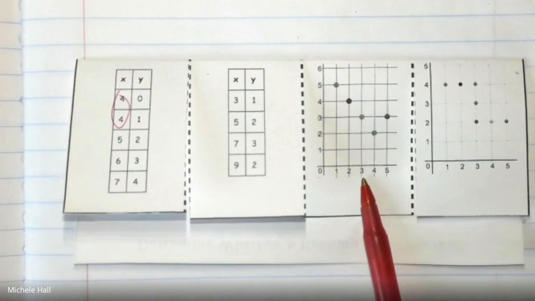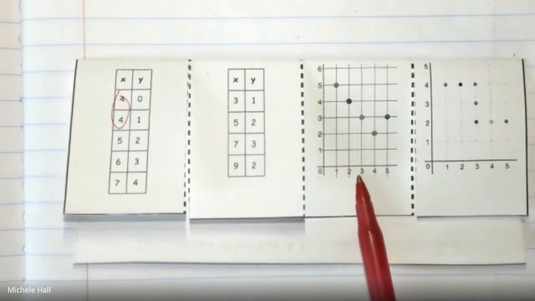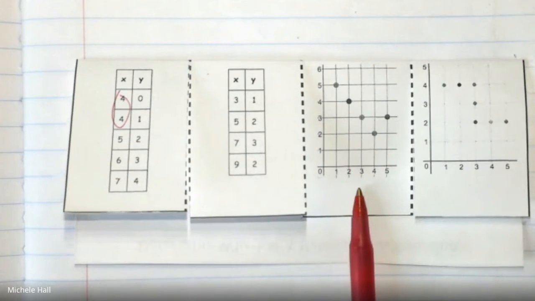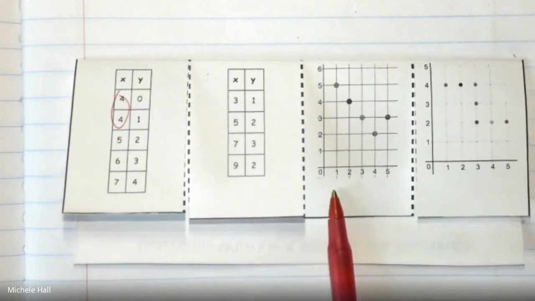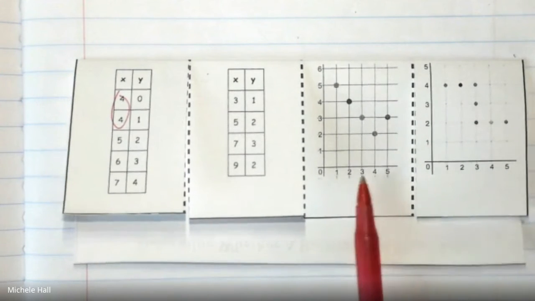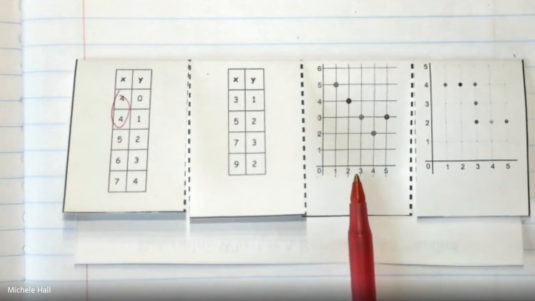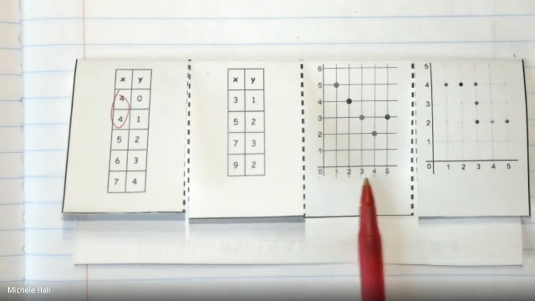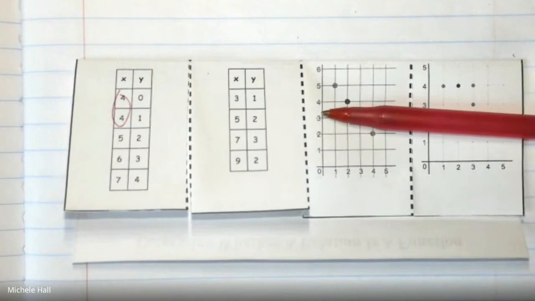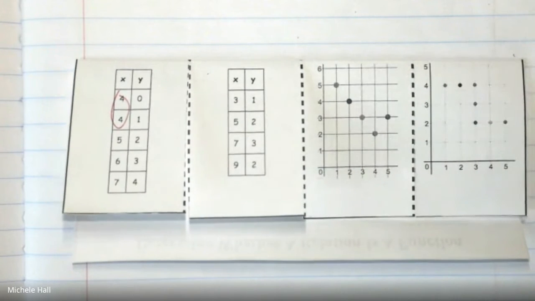So if I look at 3, how many x's equal 3? 3 and 5, that's true. They do have the same value. Is it an x value or a y value, though? Yes. So they do have 2 y values that are the same.